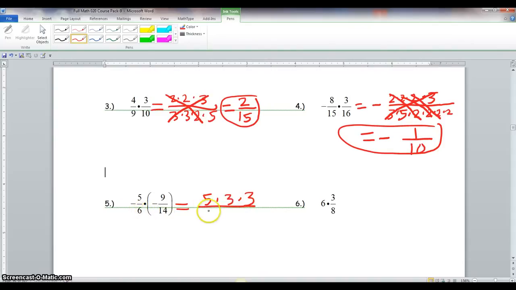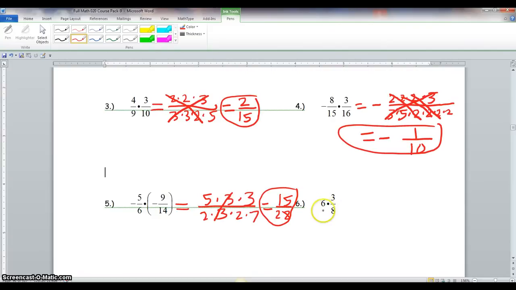Now the prime factorization of 6 is 2 times 3, and the prime factorization of 14 is 2 times 7. Because we know our final answer is going to be positive, we don't need to write the negative signs. Okay, now we have one 3 in common, and that's it. So 5 times 3 is 15, and 2 times 2 is 4, times 7 is 28. So our final answer here is 15 over 28.